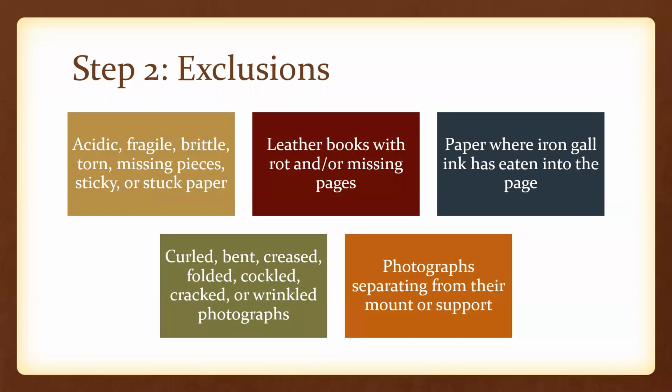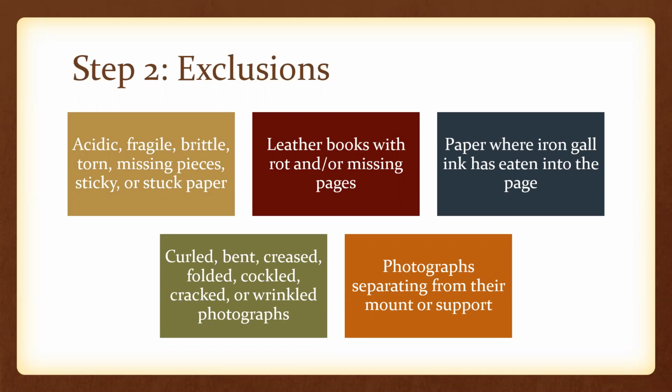So some of those reasons you might want to exclude a photograph might be that the paper is acidic, fragile, brittle, torn, missing pieces, sticky, or stuck to something. That the paper with iron gall ink or common ink has eaten into the page. Books with severe leather deterioration or rot, or missing pages.